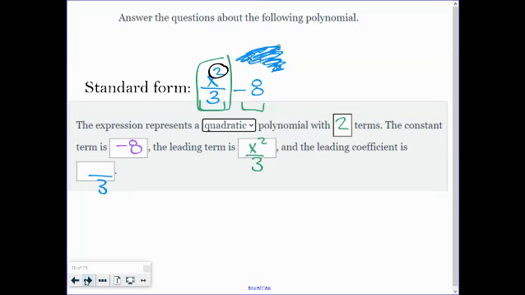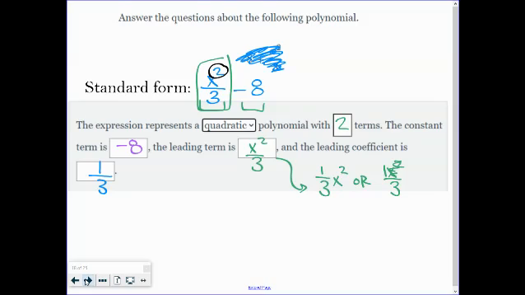So we basically can take the leading coefficient and get rid of the x or the variable. So that means our leading coefficient is 1/3. Okay, remember, as a side note, we can write this as 1/3x squared or 1x squared over 3. Then when we get rid of the variable, it just leaves us with 1/3.